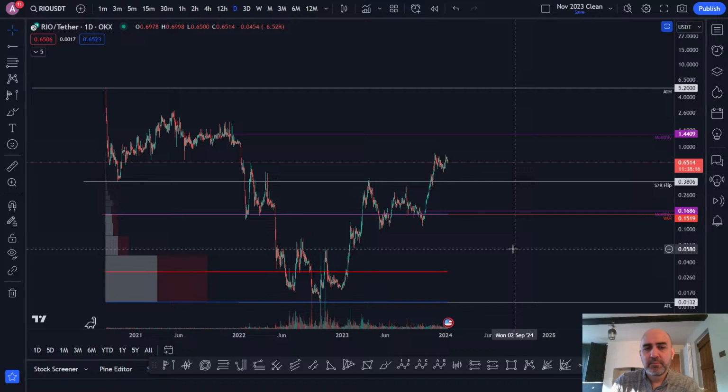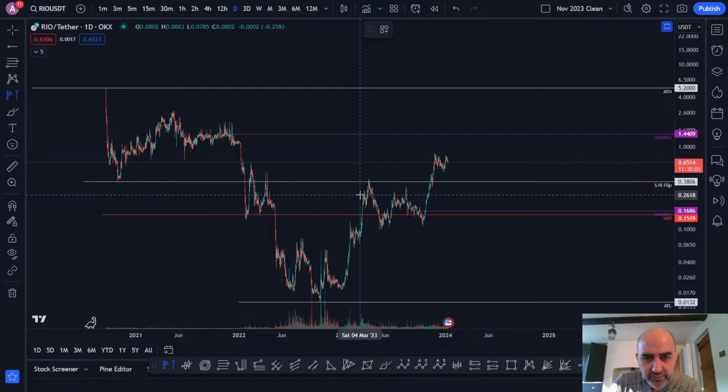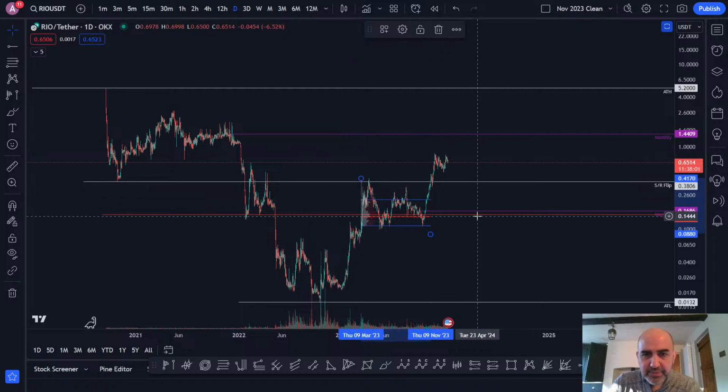And then we're basically within many ranges. I think you can just ignore this lower range for now. And I think we have one range here. So that POC lines up. We have a value area there.